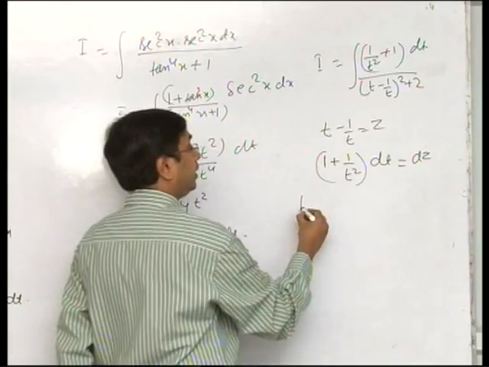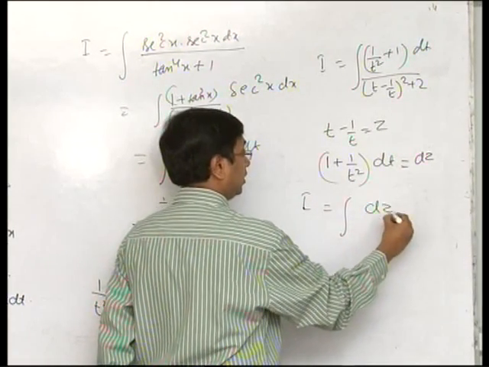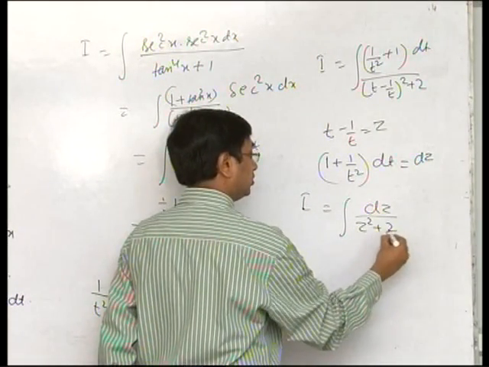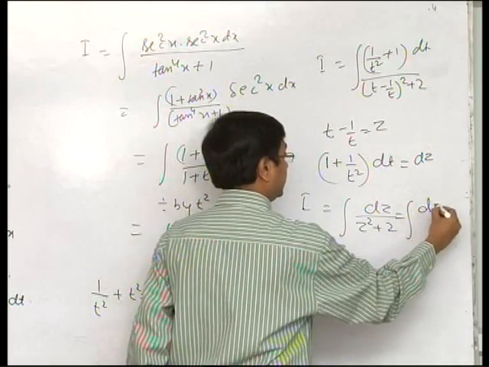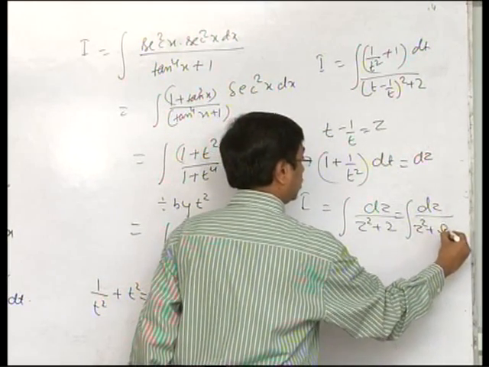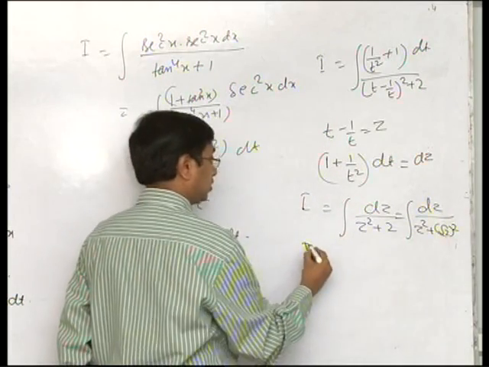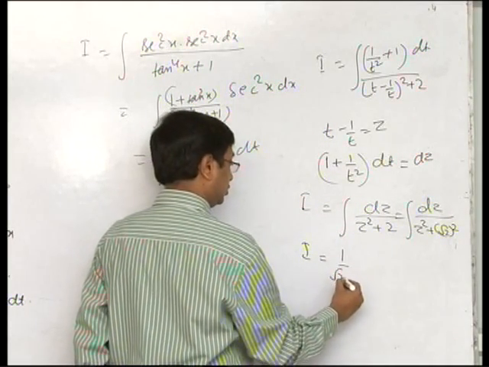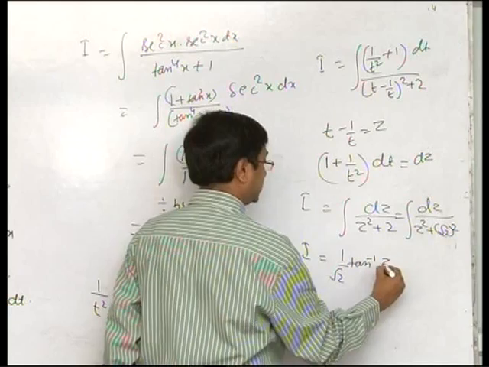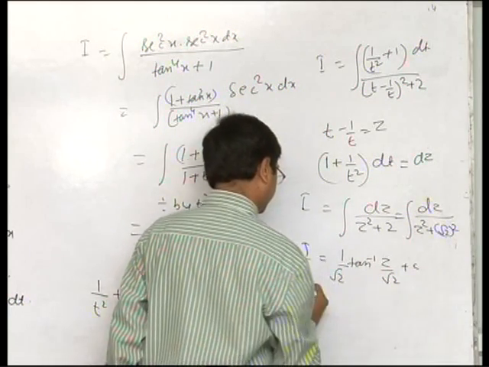So I would become what? dz upon z square plus 2. That is dz upon z square plus root 2 whole square. So I is equal to 1 by root 2 tan inverse z by root 2 plus c.